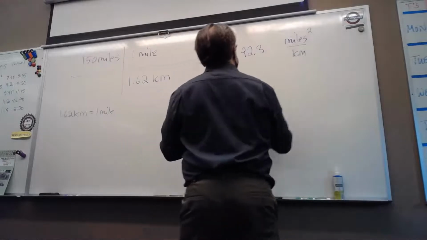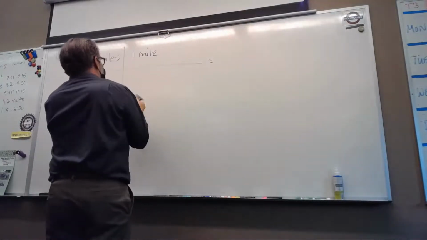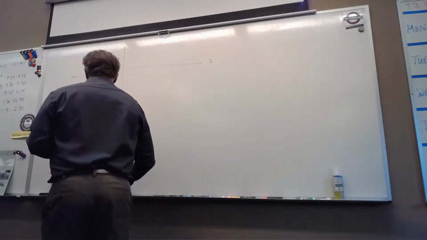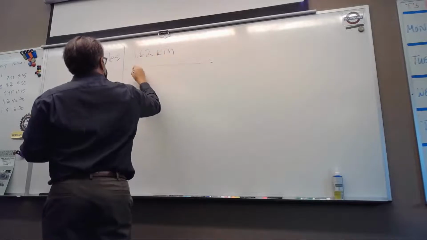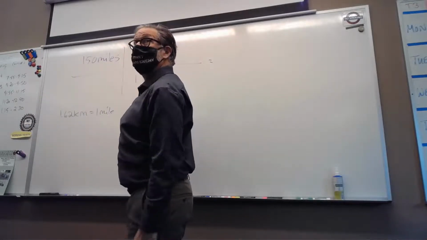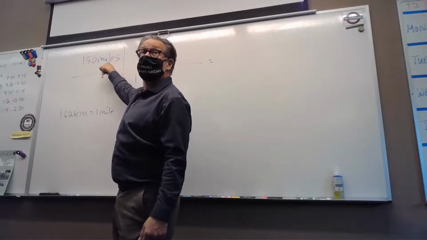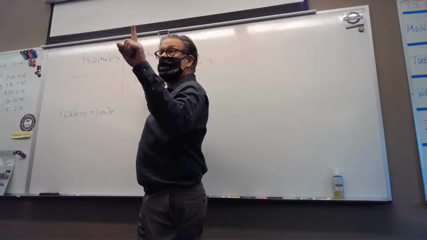But since I know that that doesn't work, I can instead write 1.62 kilometers per 1 mile. And because I have miles on the bottom of a fraction and miles on the top of a fraction, what's miles divided by miles? 1.